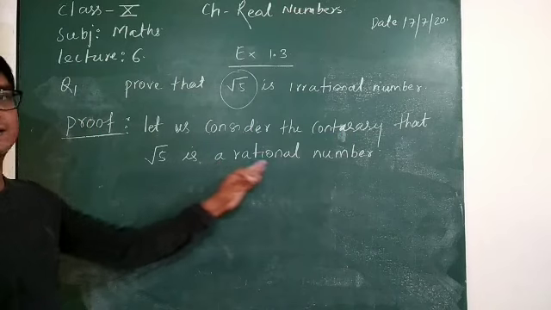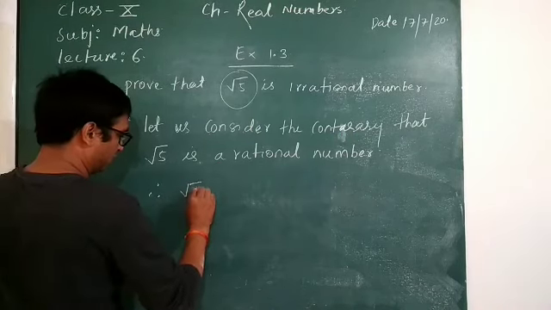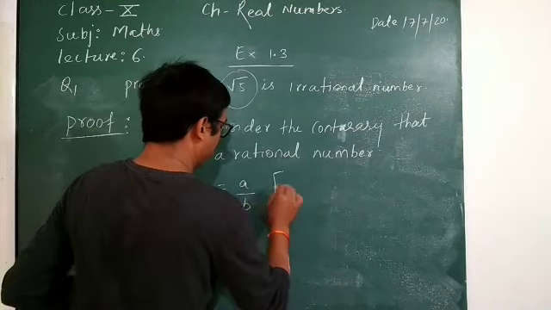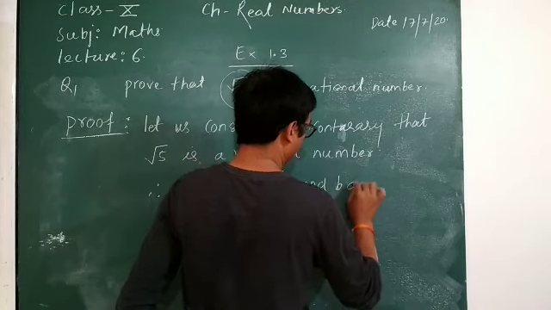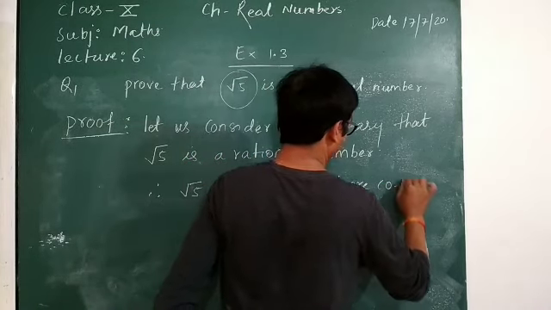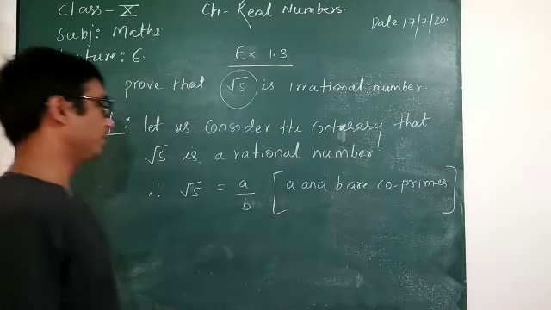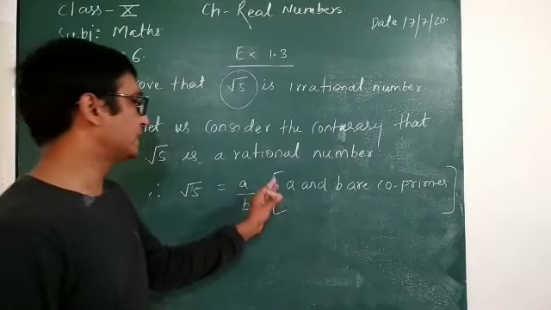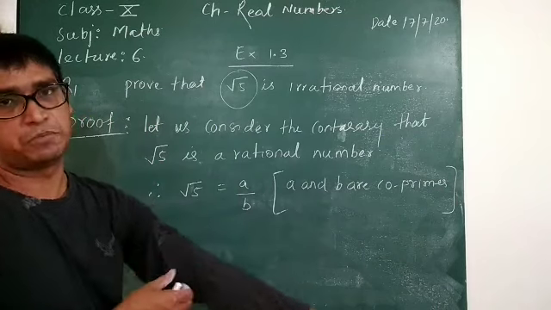If it is a rational number, you can write root 5 is equal to a by b, where a and b are co-primes. Co-primes, I told you, are numbers whose HCF is found to be 1.